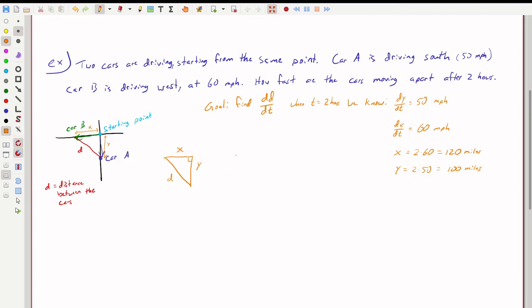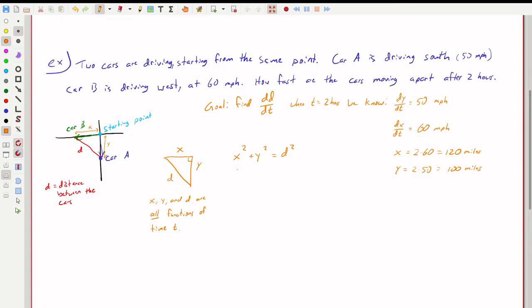So we can use the Pythagorean theorem to get that x squared plus y squared equals d squared. Okay, x, y, and d are all changing over time, so all of these are functions of time t. So I can think of, when I do implicit differentiation, each one of these three as being functions.